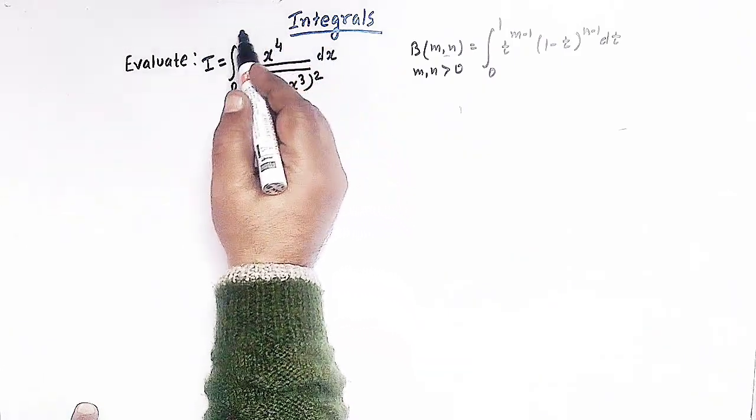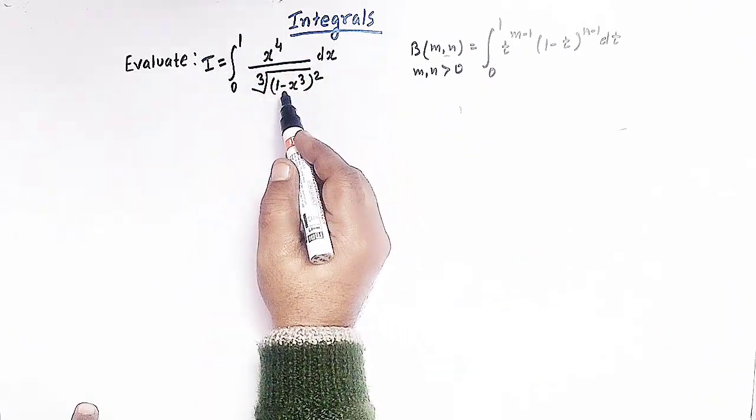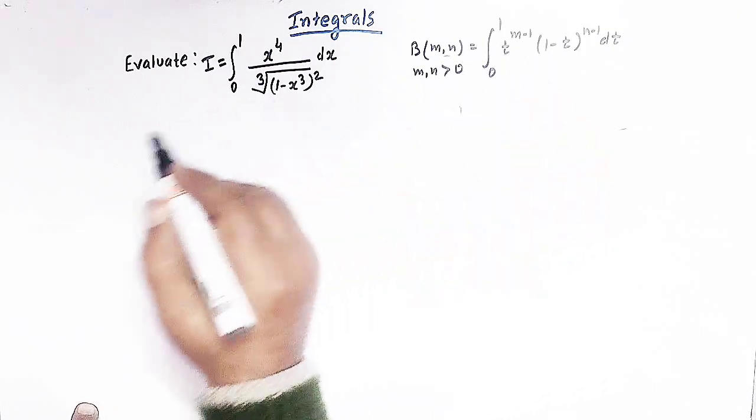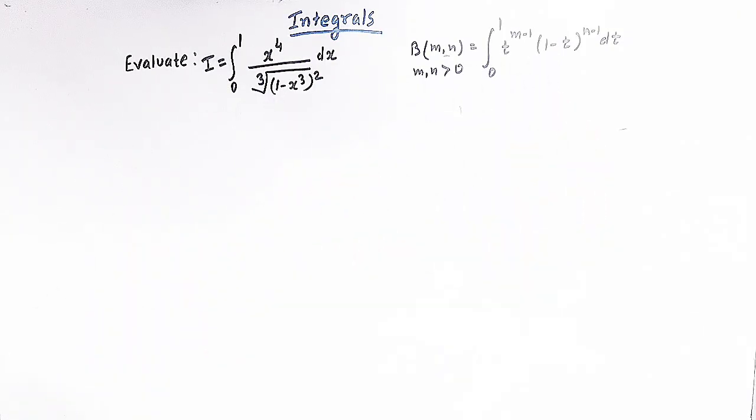So the first step is to convert this integral into the beta function by a method of substitution.